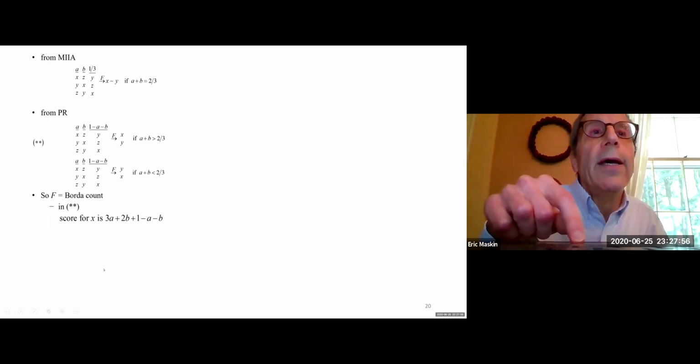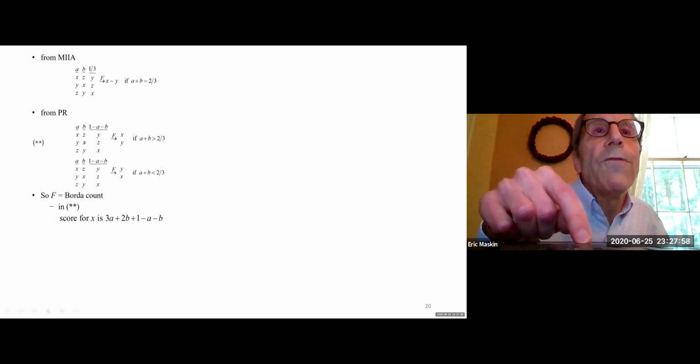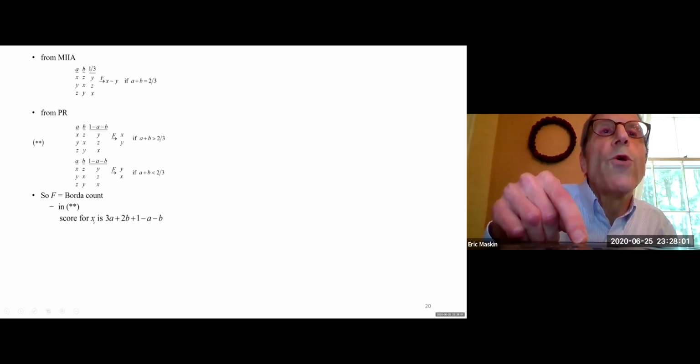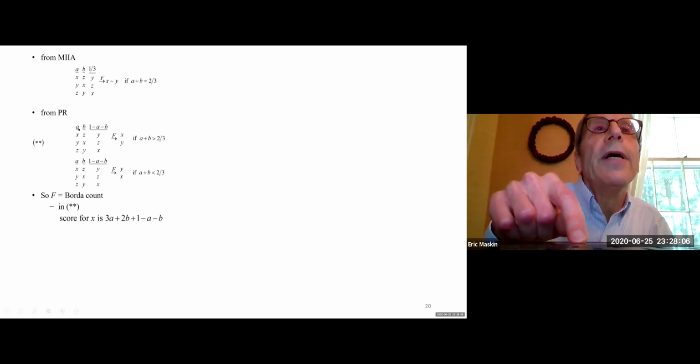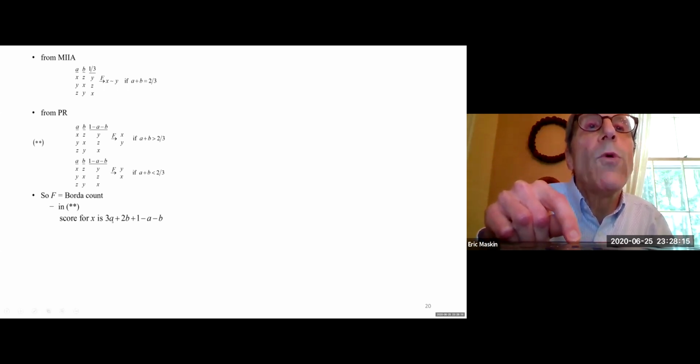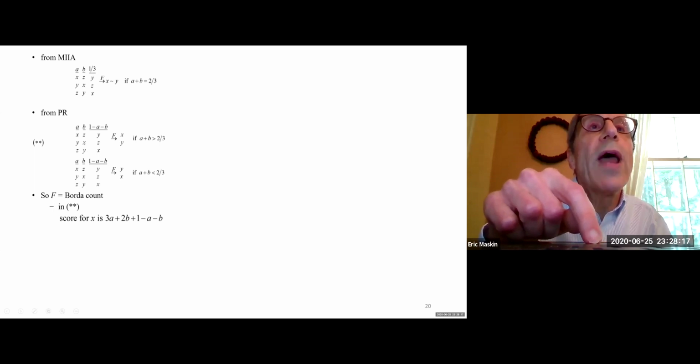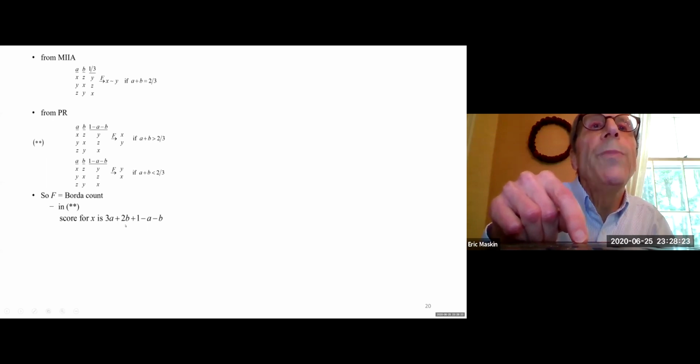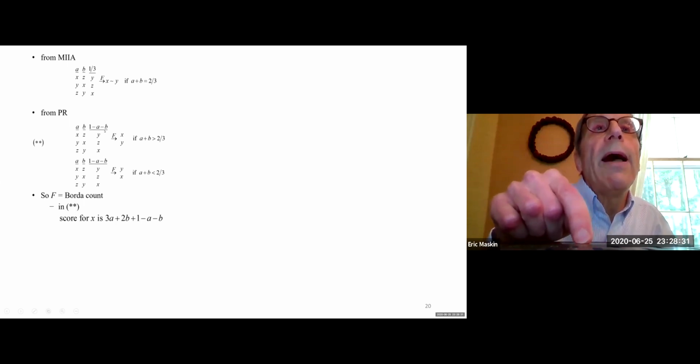That's easy to check. For example, in this profile, the Borda score for X is 3A. A is the fraction of voters who put X first, so X gets 3 points for all of those voters, so there are 3A points there. And X is ranked second by fraction B, so we add 2B for those voters, and it's ranked third by 1 minus A minus B voters.